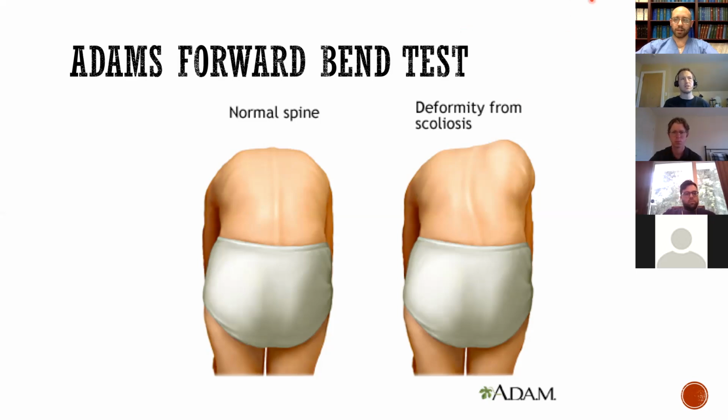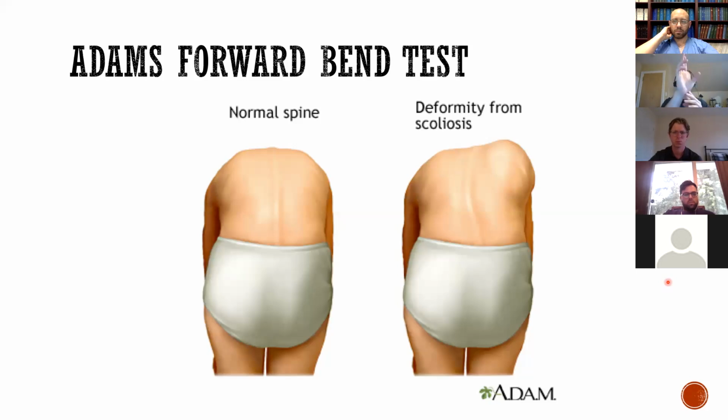And just to discuss this a little bit, the reason those ribs come out the back like that and create a prominence is because, as Jason mentioned, this is not just a coronal plane deformity where you're simply taking the spine and bending it one way or the other. It's a multiplanar deformity that not only bends in the coronal plane but also twists.